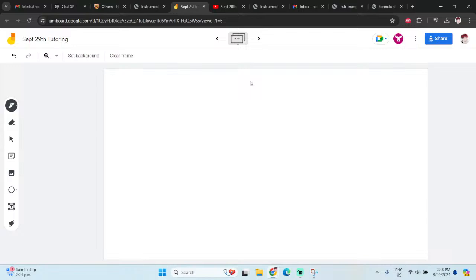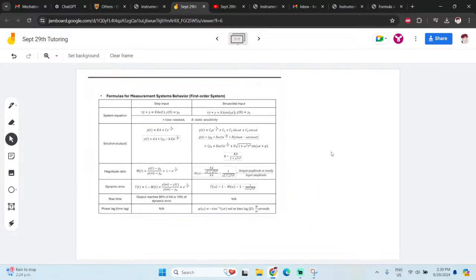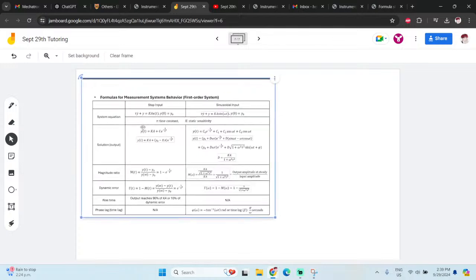On page 7, this is my entire formula sheet for first order. The equation I'm seeing is tau y prime plus y equals K A u(t). Or are you talking about the output?